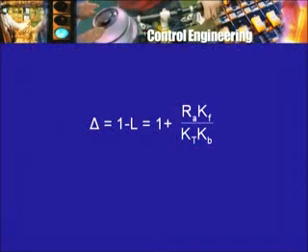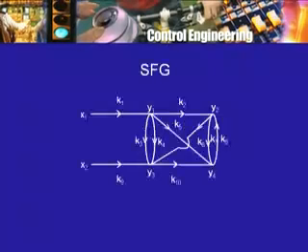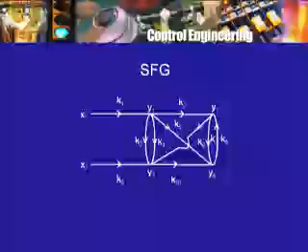So, delta is simply 1 minus L. We already have an expression for L. So, delta will be 1 plus Ra Kf divided by Kt into Kb. So, that is the common expression delta. And now, we can write down the expression for omega m in terms of Ea and TL. To find the coefficient of Ea, we need to find out the forward path from Ea to omega m.